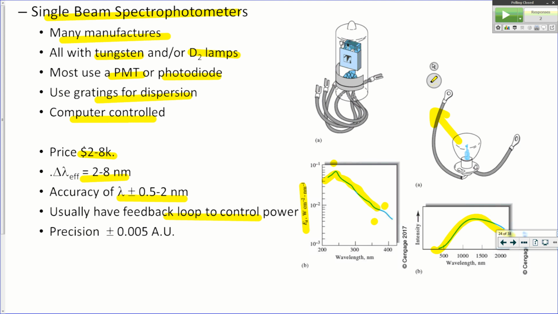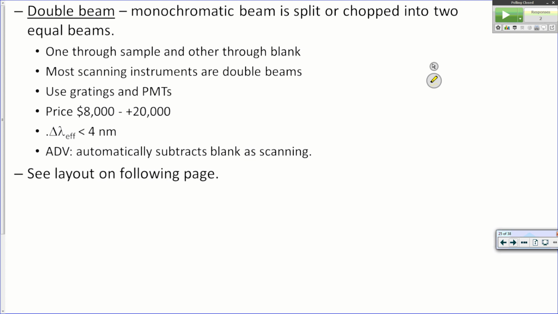If the source is flickering, or the light bulb gets a little brighter or a little dimmer, it senses that and adjusts the feedback to the detector so that it gives you a constant output. That's what gives you great precision, typically 5,000ths of an absorbance unit, which is pretty reasonable.